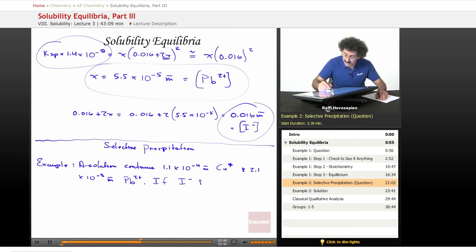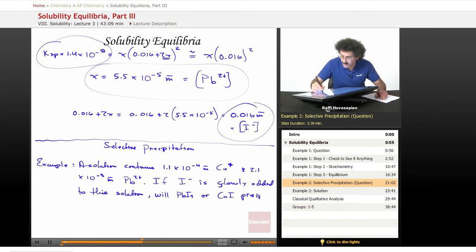If iodide is slowly added to this solution, will PbI2 or CuI precipitate first?